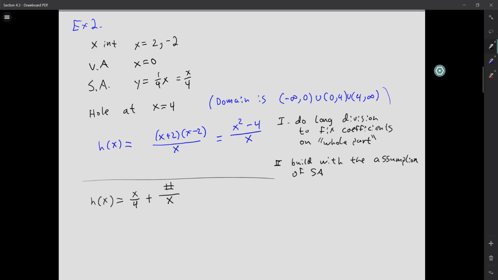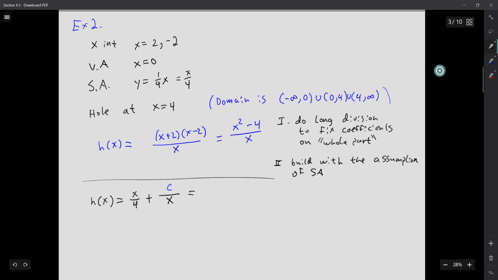And the reason this is going to work is because once I find a common denominator and everything, I'm going to have a single fraction, and I'm going to be able to solve for what this number is. So instead of using the dollar sign, let's go ahead and change it to be a letter. Let's call it C.